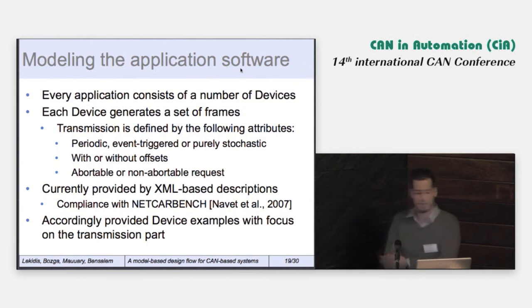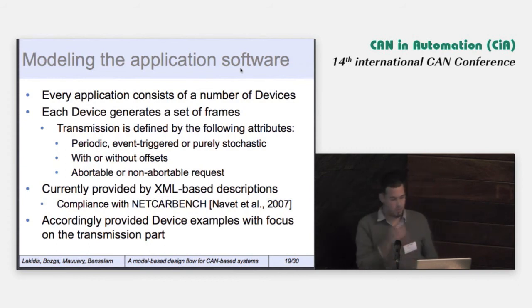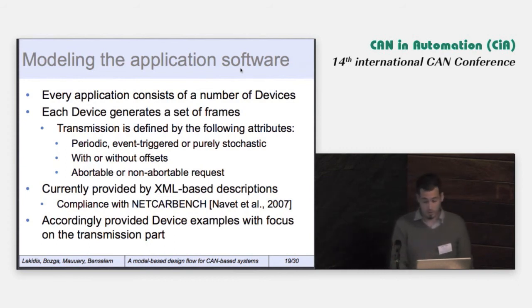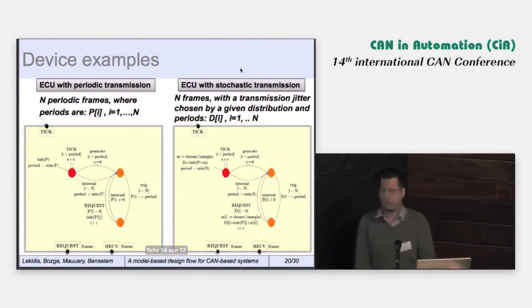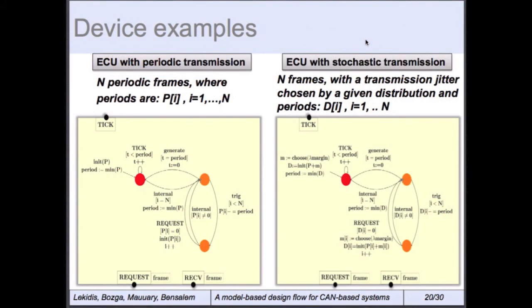Currently it's provided by XML-based descriptions, and I will illustrate some examples with a focus on the transmission part. As we can see on the left, we can model an ECU with periodic transmission, which means that upon the expiration of the period, the frames will be generated and sent as a frame request over the bus.